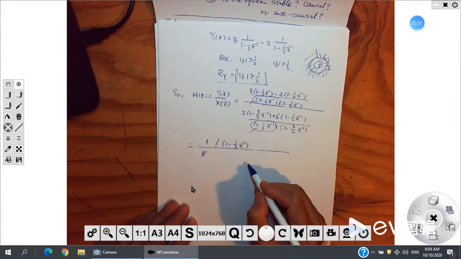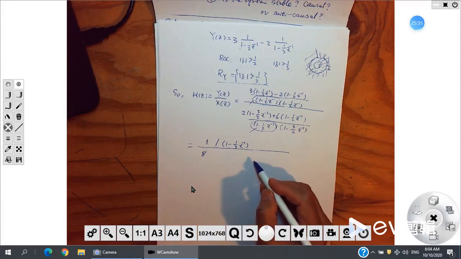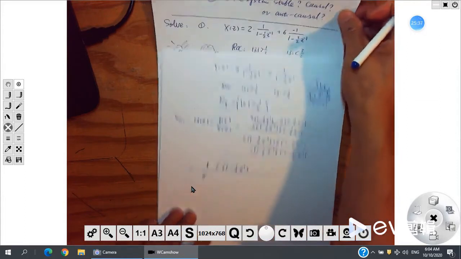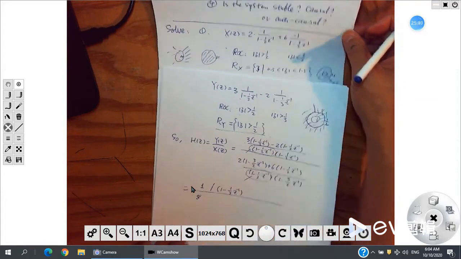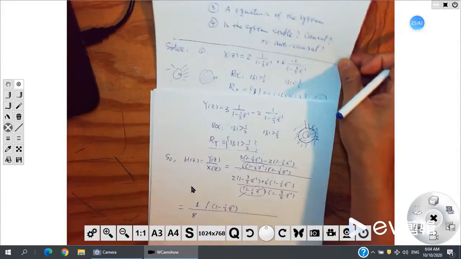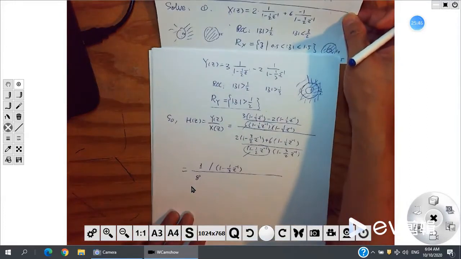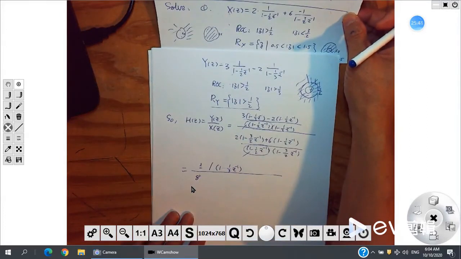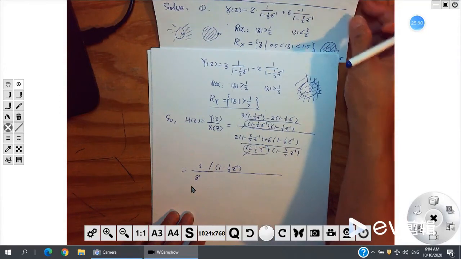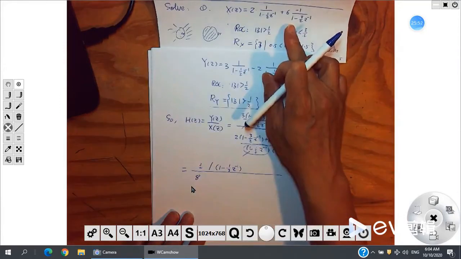Let me see. I want to cancel something. Second, X is this, Y is this. So for X, this is a plus 6. Oh, I can't cancel it.